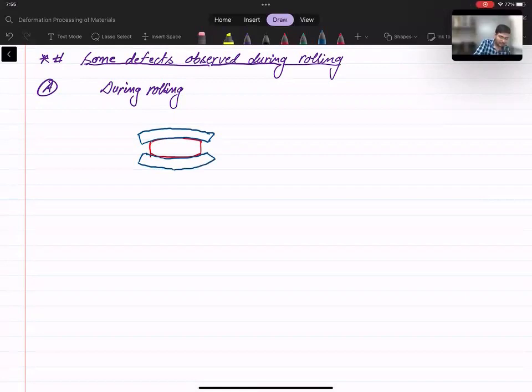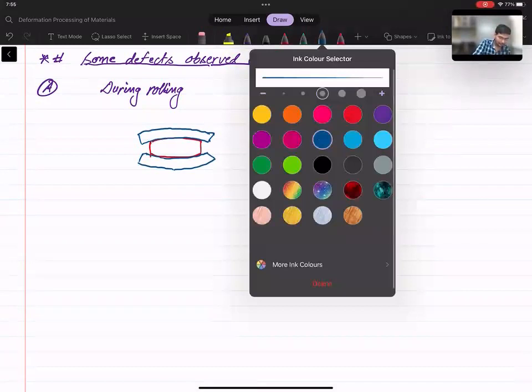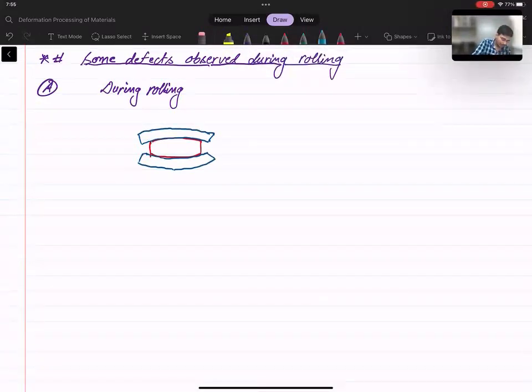This is supported by some backup rolls. Okay, so let me draw it with some other color. So let it be like this.